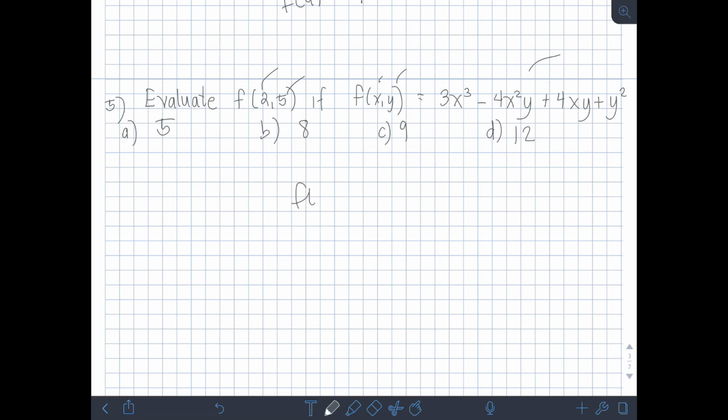So parang f of 2, 5 is equal to 3 times x is 2, so 2 cubed, minus 4 times x squared, so 2 squared, y is 5, so times 5, plus 4 times x is 2 times 5, which is y, plus y squared, which is 5, so 5 squared. So input lang natin ito sa calculator para ma-solve natin.